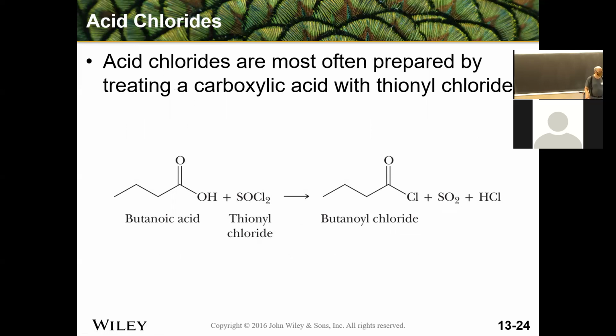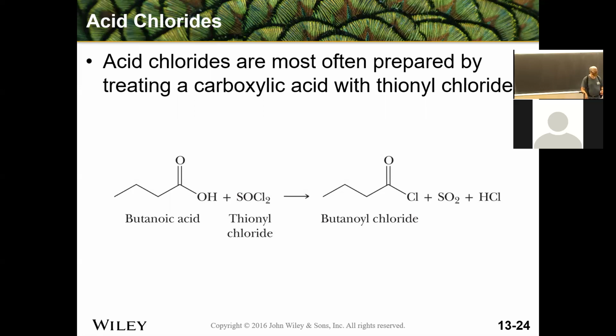If an acid chloride is not commercially available, one way of preparing it is with this reagent called thionyl chloride. You may remember we use this reagent to convert alcohols to alkyl chlorides. We can also use it to convert carboxylic acids to acyl chlorides or acid chlorides.